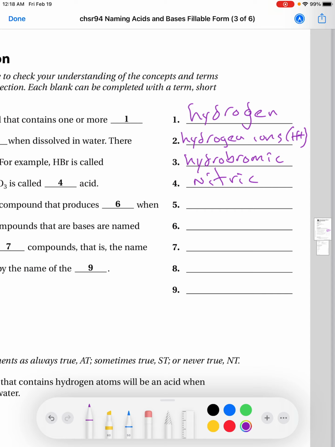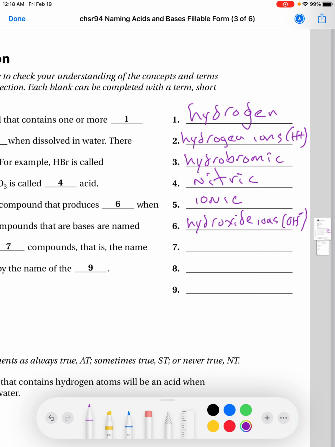And a base is an ionic compound that produces hydroxide ions. That's our definition. Also known as OH- ions.